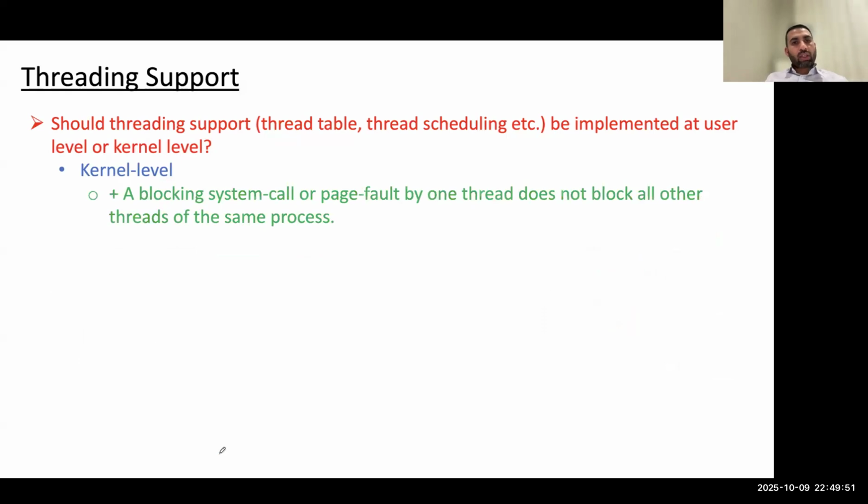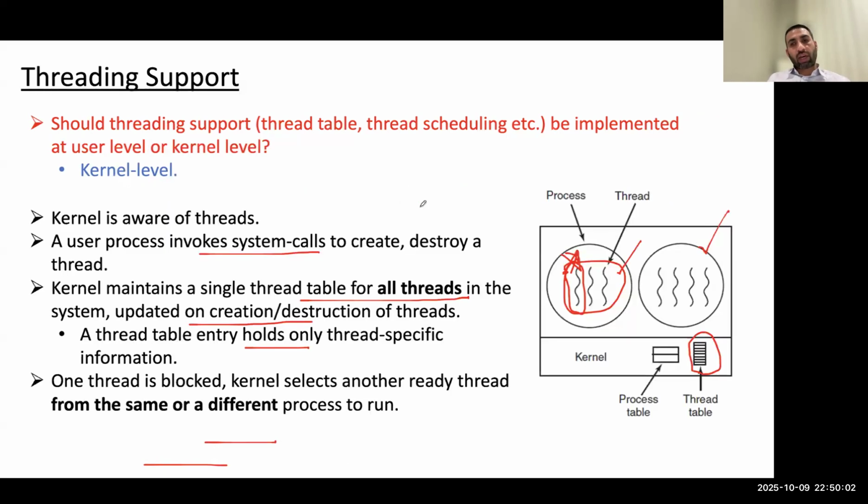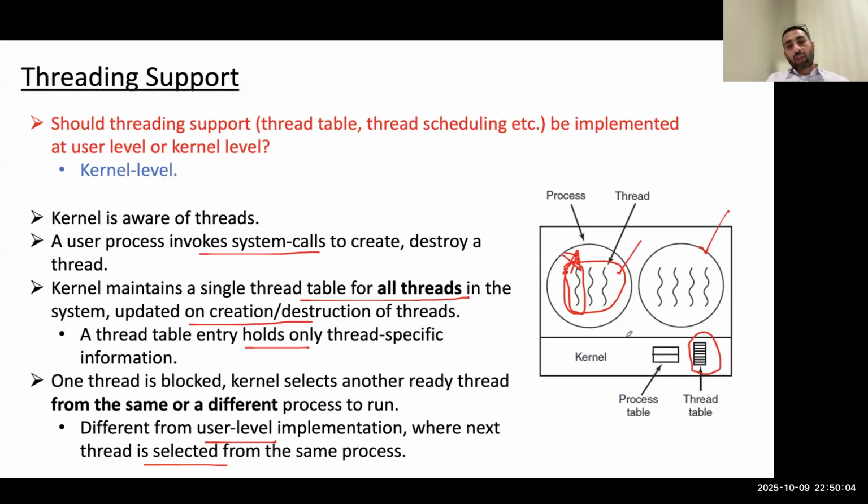Okay, so what are the advantages? The main advantage is that if a blocking system call or a page fault happens in one thread, it doesn't block all other threads of the same process. Why? Because the kernel can see all of these threads of the user level processes, since it is responsible for managing them, and it has an entry for each one of them in the thread table.